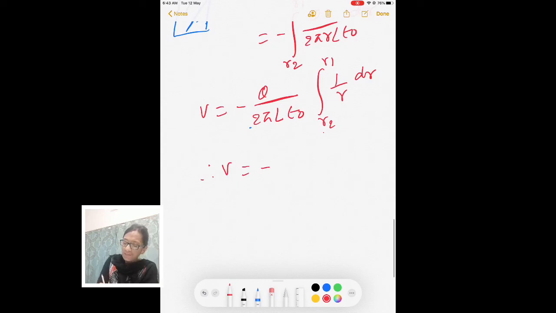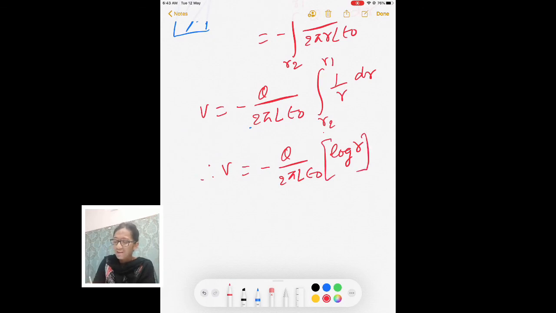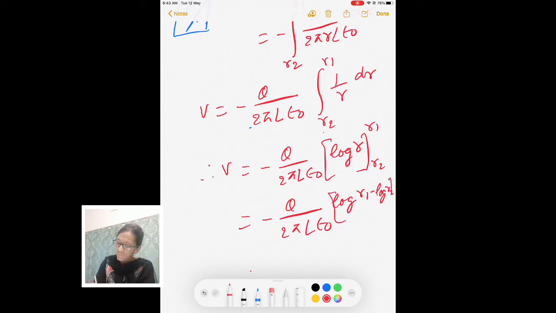Therefore, V is equal to minus Q upon 2 pi L epsilon naught, and it becomes log R. Integration of 1 upon R dR is log R, under limit R2 to R1. So this becomes equal to Q upon 2 pi L epsilon naught, log R1 minus log R2.